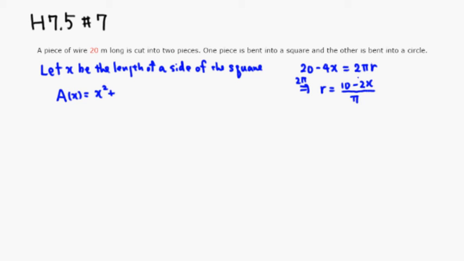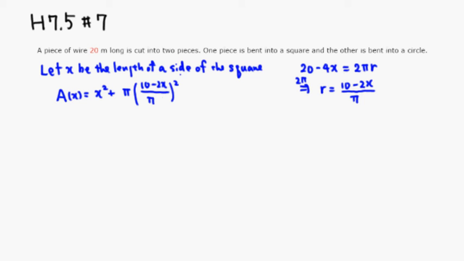That's the radius of the circle. So the area is going to be pi r squared, which means pi times (10 minus 2x over pi) squared.